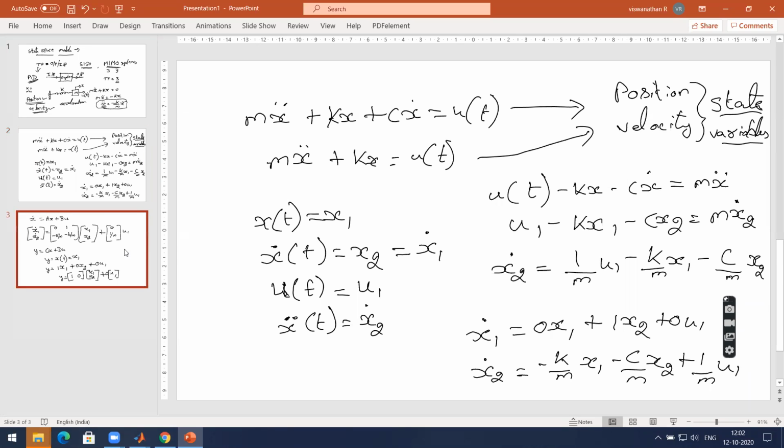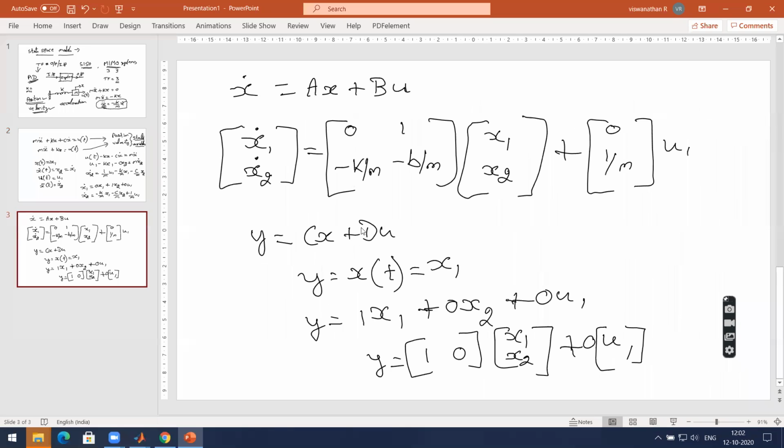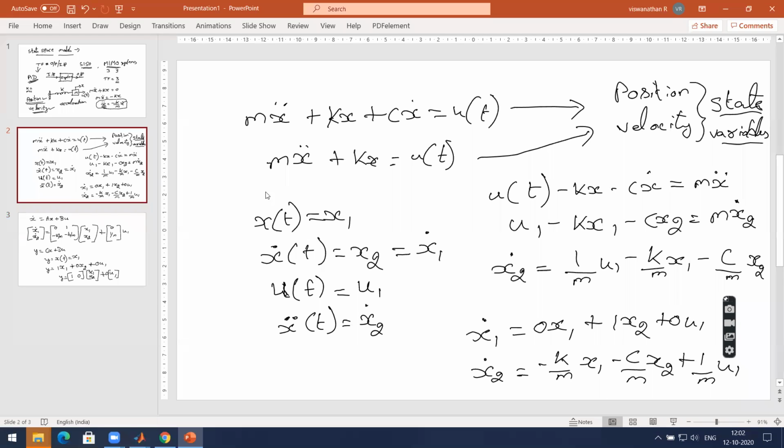So this is the state space model, and the application of this we'll be discussing. You may not understand completely in the first class, but as we go on, it will be fine. This is a slightly advanced topic and it will take some time to understand, so it is not a problem if you have not understood completely.